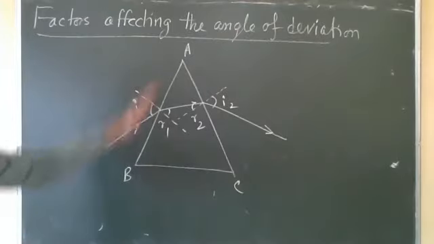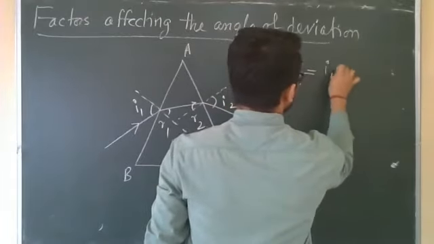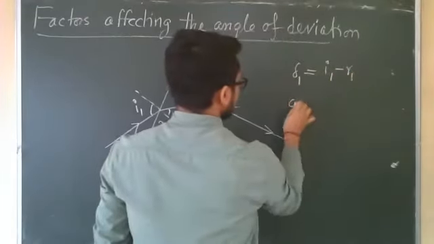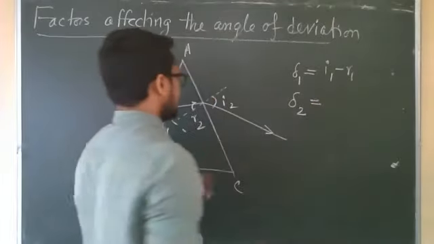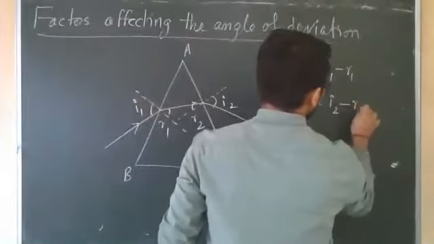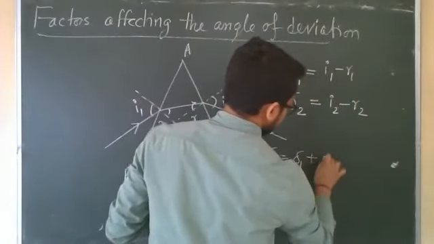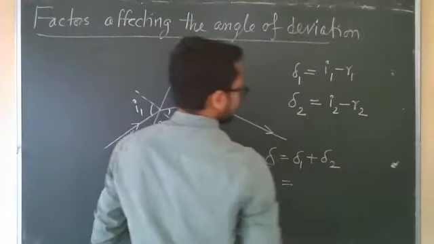So at surface AB, the deviation delta 1 equals I1 minus R1, and at surface AC, the deviation is I2 minus R2. So the total deviation delta will be delta 1 plus delta 2.